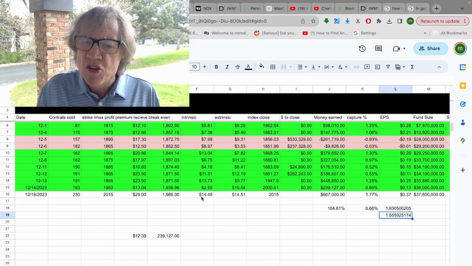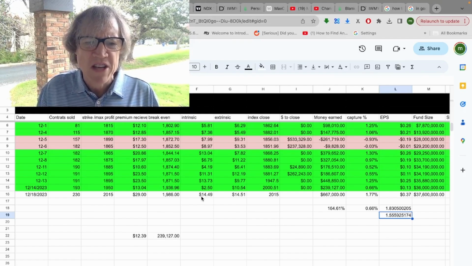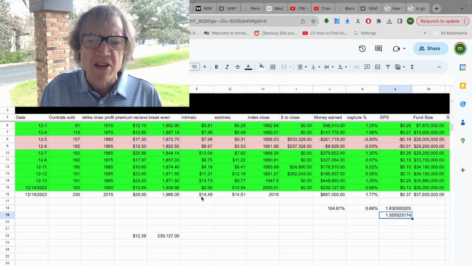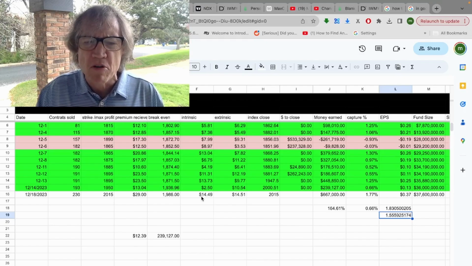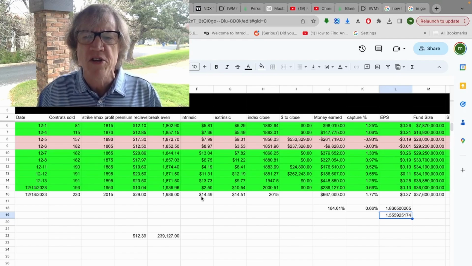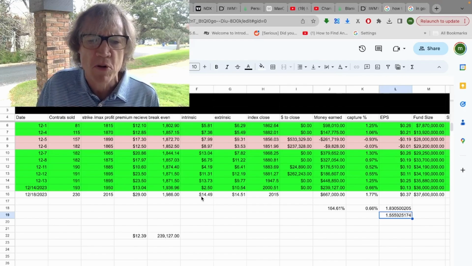Even that number is not really a real number because we don't know what time they sold this option. They sell these options towards the end of the day. I'm just making the assumption that I'm comparing it with the day's closing price to give us something to shoot at. The real intrinsic that they were able to capture may have been a little bit more or a little bit less.